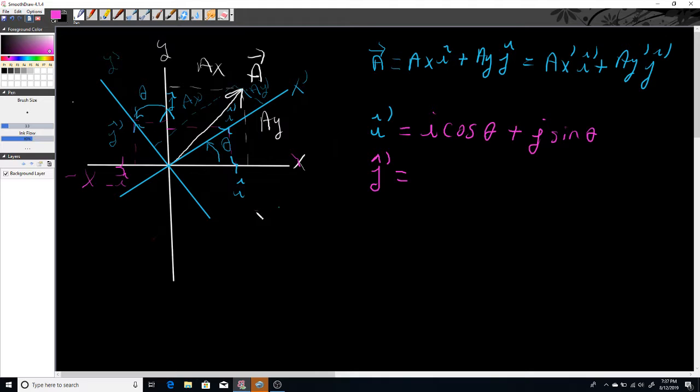Since the x component of this j prime vector is in the negative x-axis, in the quadrant where x would be negative, we know that the horizontal component is obviously negative. So that component is negative i times sine of theta, because it's the unit vector negative i times the sine of this angle theta. That's what creates this horizontal component.